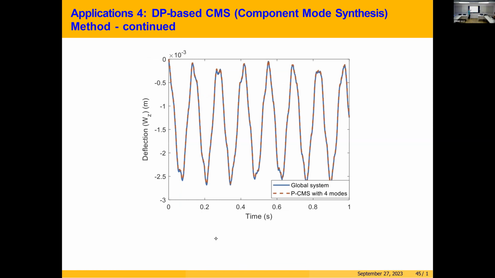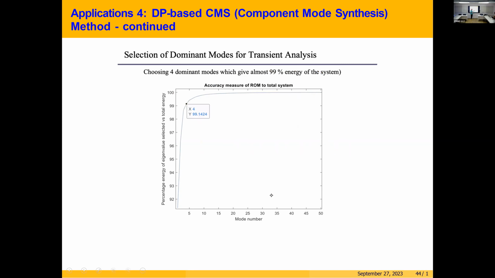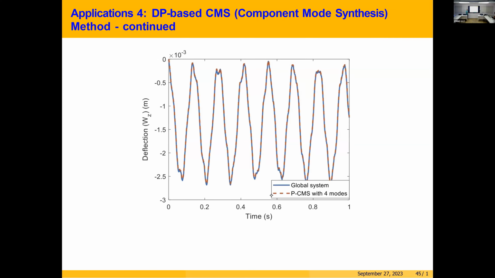And we ran a transient analysis where at one corner we apply a step load. This is the global system using the entire set of modes, and this one is using only the first 4 modes. Okay.